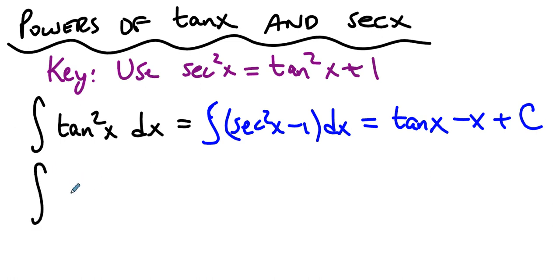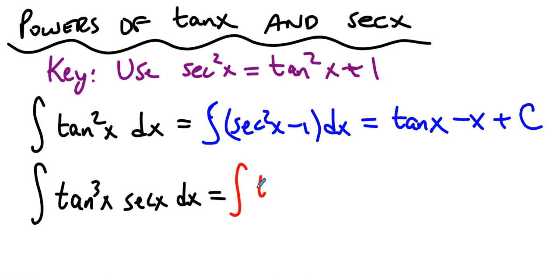Or you wonder aloud, let's see, this looks like something where I should break something off and make it be a du. The derivative of tangent is secant squared. I don't have a secant squared. But the derivative of secant x is secant x tan x.